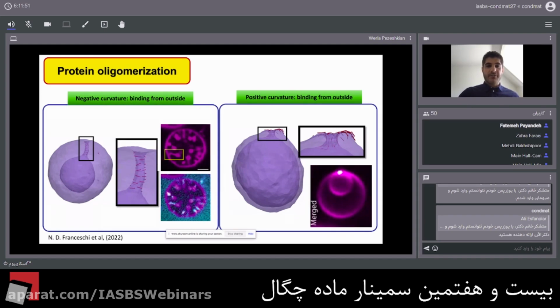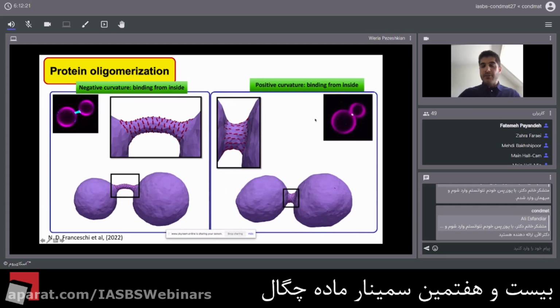This means that FtsZ induces negative curvature. Yes, and they are consistent. Now a protein binding from outside with positive curvature will be like this, which shows the case for dynamin. And dynamin also induces positive curvature.